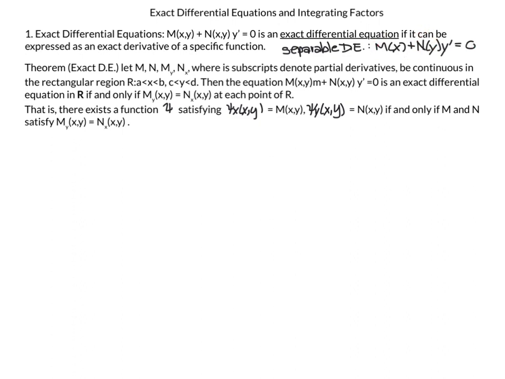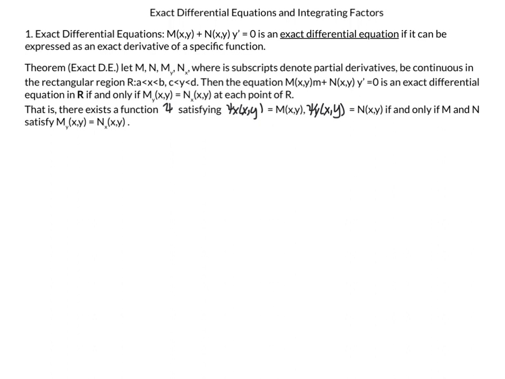We have this theorem for exact differential equations, so let M, M sub y, and N, N sub x, where the subscripts denote the partial derivatives, be continuous in the rectangular region R, x between a and b and y between c and d.